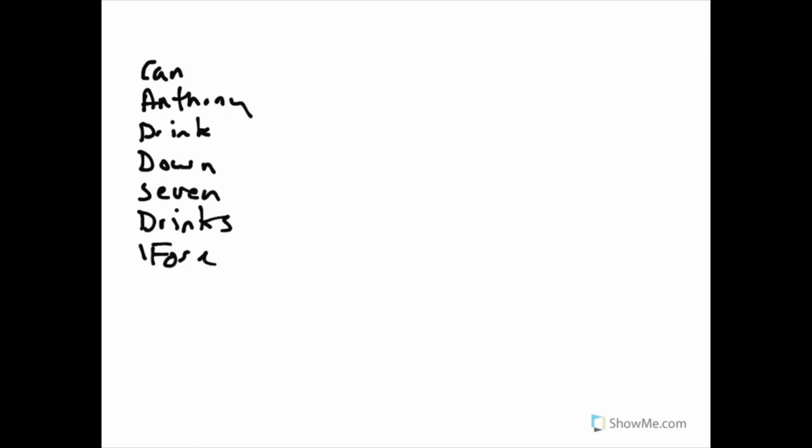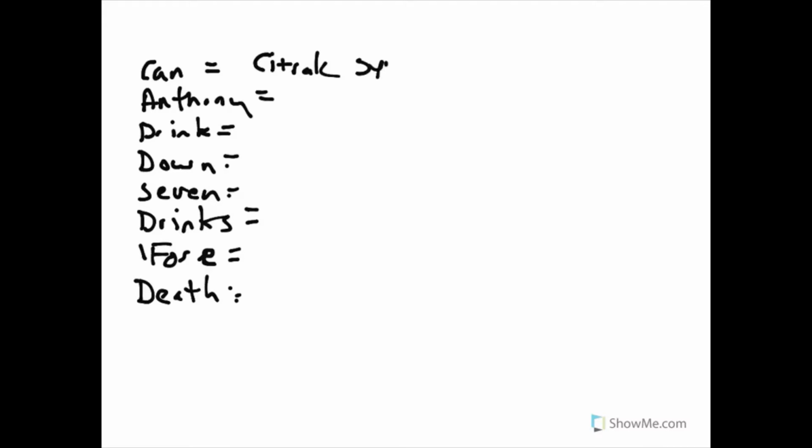With 4 being a contraction, an abbreviation of for. So before he dies, can he get 7 drinks in before he dies of alcohol poisoning? So can Anthony, we have citrate synthase, to synthesize citrate.